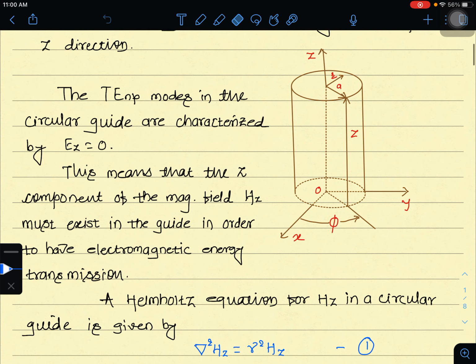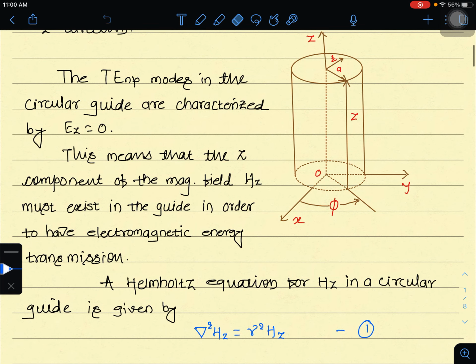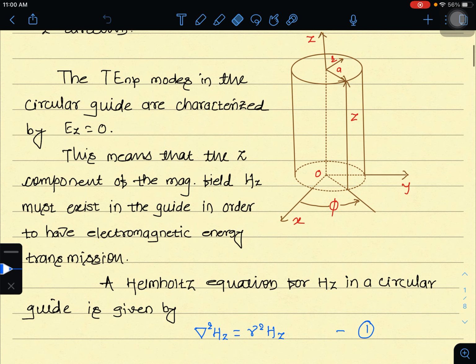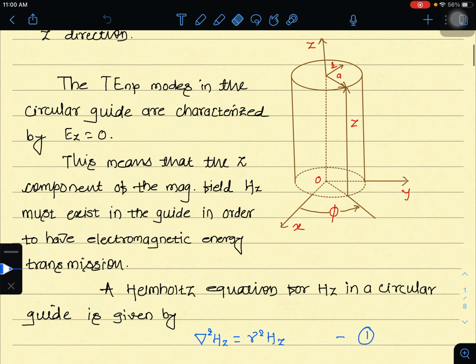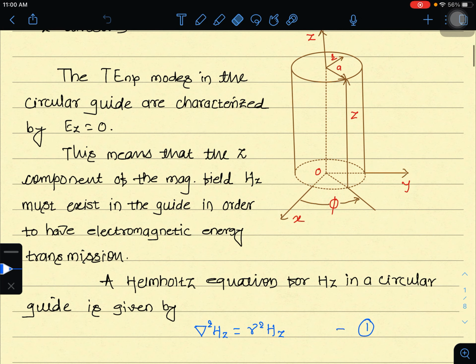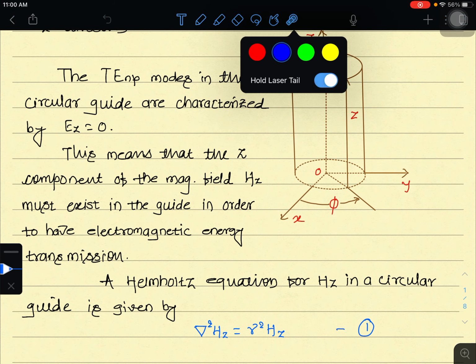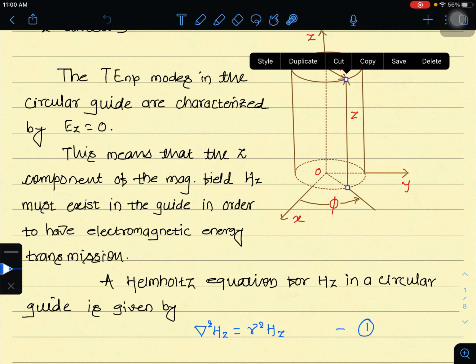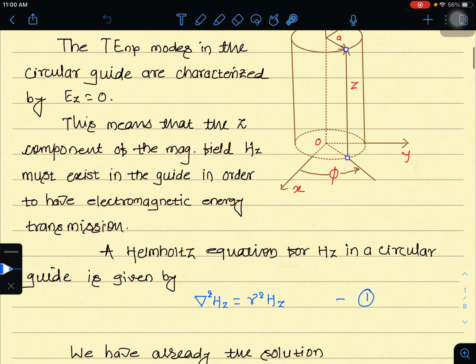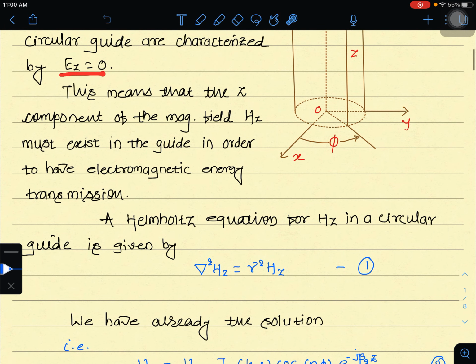The transverse electric mode in this waveguide is characterized by Ez equal to 0.